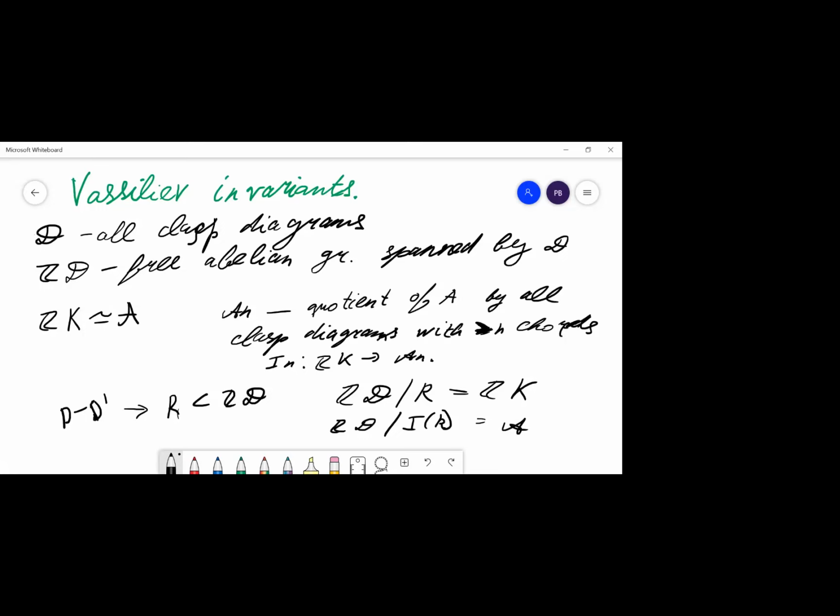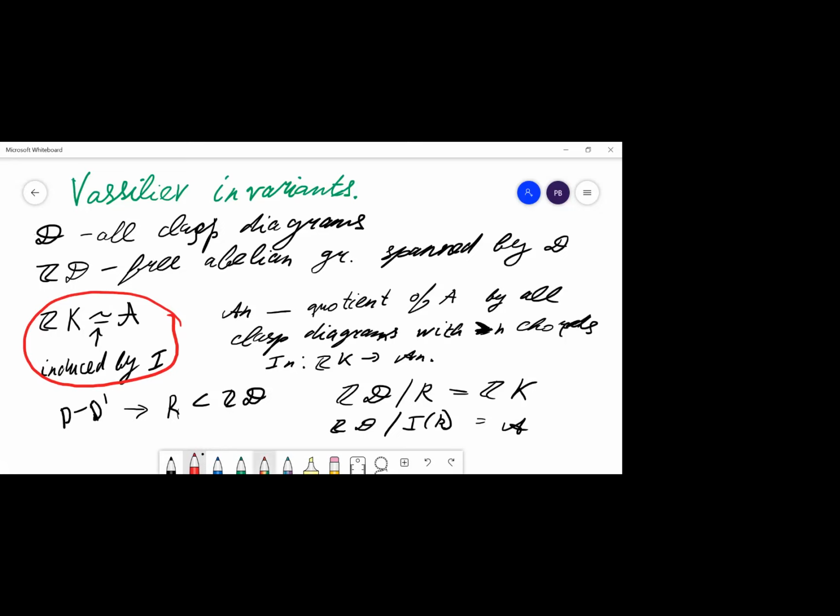Well, and where are Vassiliev invariants here? Let's highlight this because it's a very strong thing that gives us our whole result.